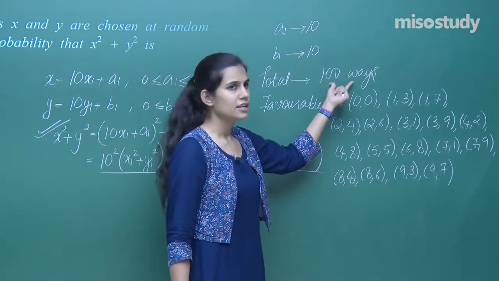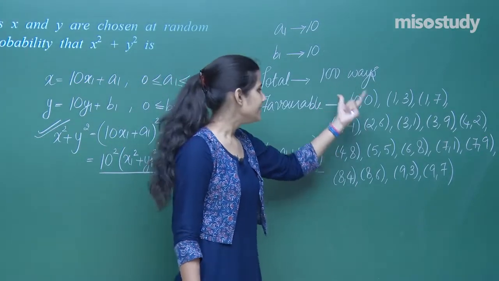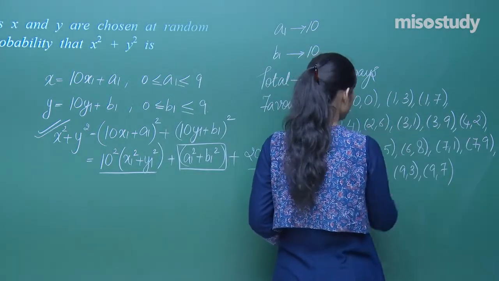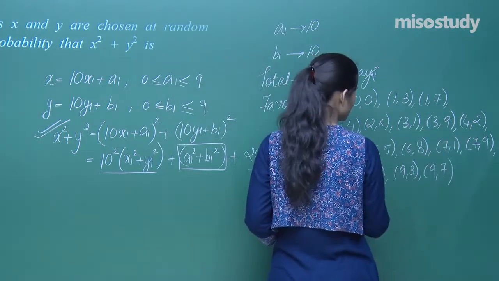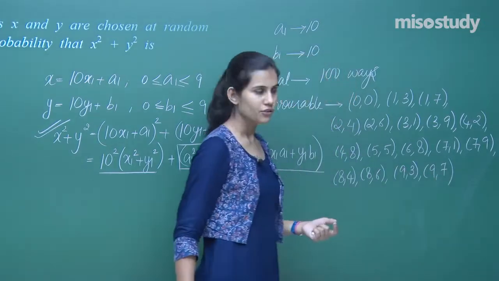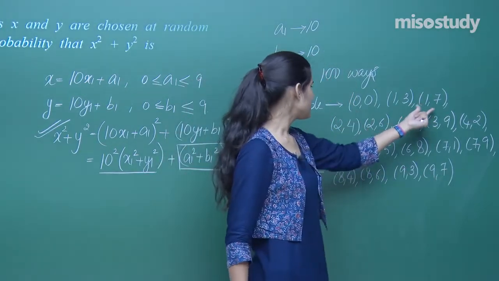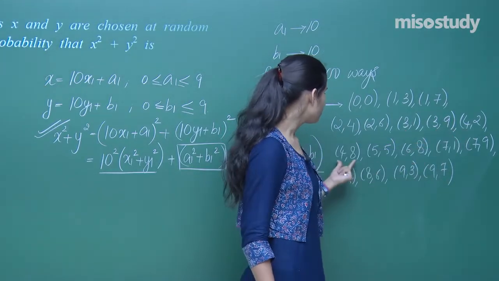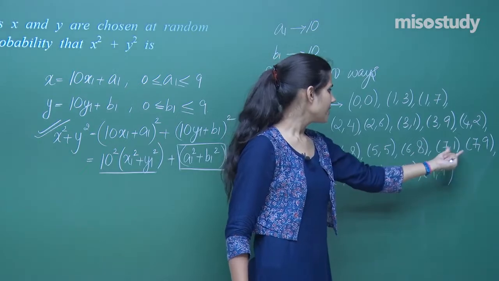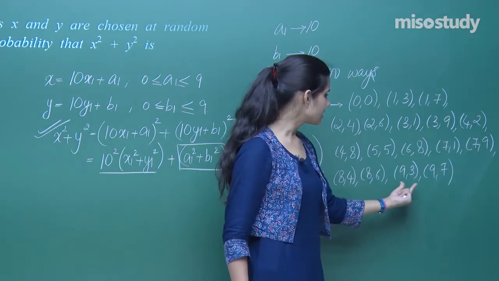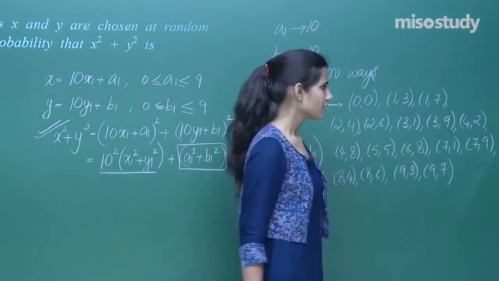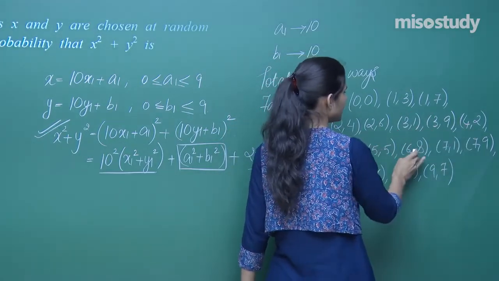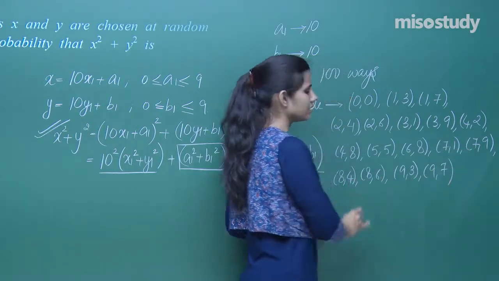So out of the 100 values of A1 square plus B1 square, how many are these? 1, 2, 3, 4, 5, 6, 7, 8, 9, 10, 11, 12, 13, 14, 15, 16, 17. So you have 17 pairs.